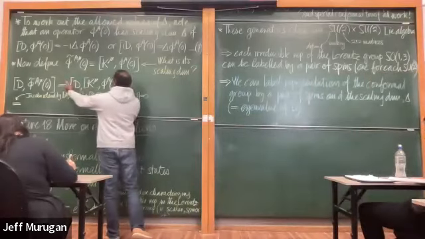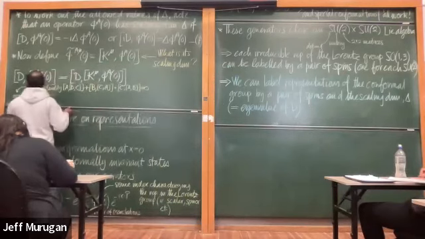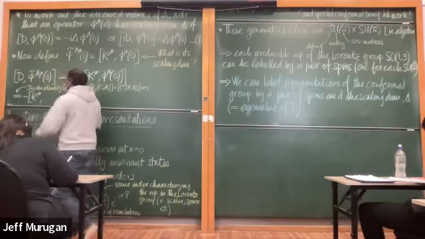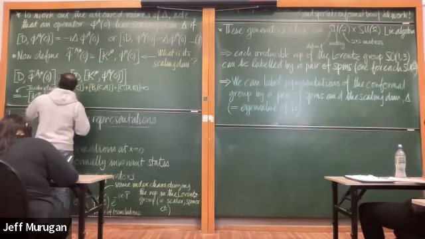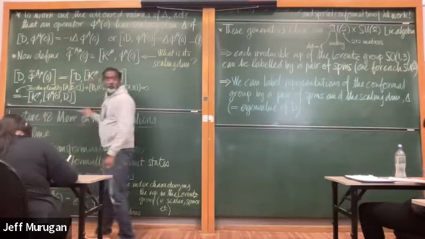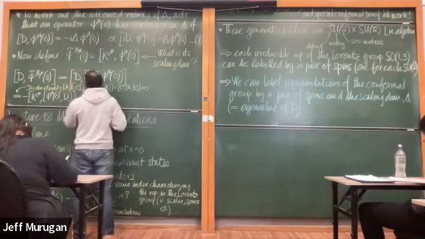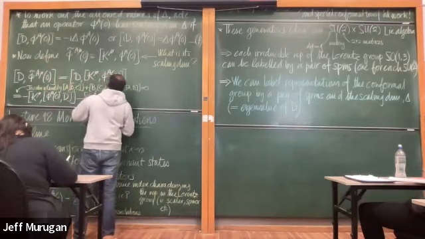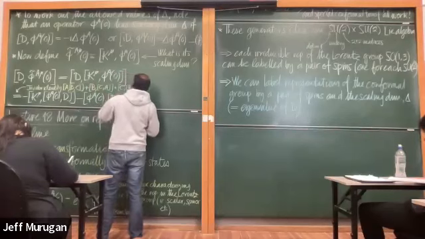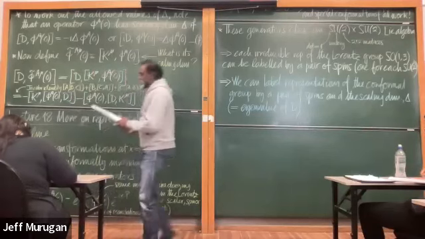So I have one of these guys that belongs here, and I can write it in terms of the other two. So I can write this as minus the commutator of K mu with phi A, commutator with D, minus phi A of naught with the commutator of D and K mu.